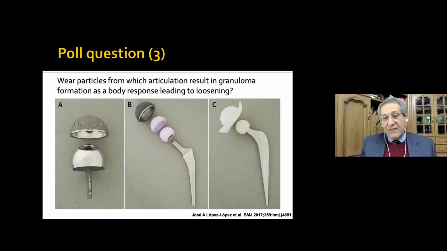They initiate a lymphocytic reaction, called ALVAL, or aseptic lymphocytic vasculitis associated lesion, or accelerated reaction to metal debris. This is what causes the pseudotumors, and they start destroying the local tissues. It also goes into the circulation, and there is concern about carcinogenicity and teratogenicity. So the size of the particles, and which cells respond, macrophages or lymphocytes, determines the local reaction.